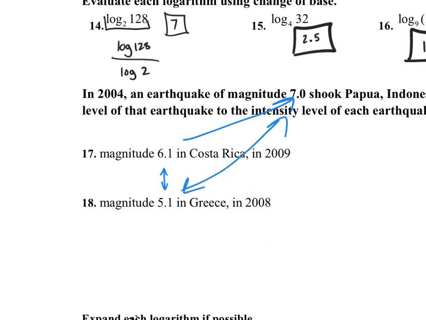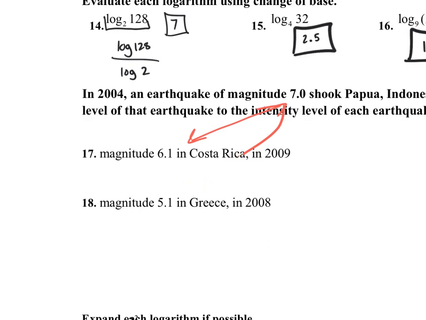And we'll see that with this being logarithmic, that it's actually 10 times as worse per 1 unit. So that means that these earthquakes here, and we'll calculate it, we'll see that these are almost 10 times as bad. The 7.0 is almost 10 times as bad as the 6.1, which means 10 times 10 means that a 7.0 earthquake is going to be almost 100 times worse than a 5.1.